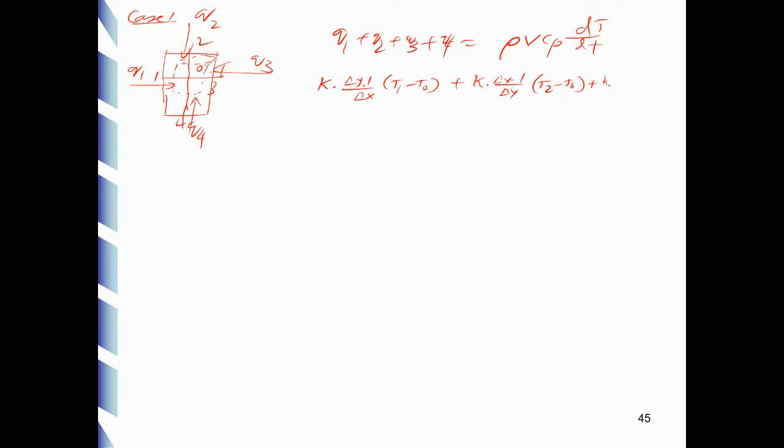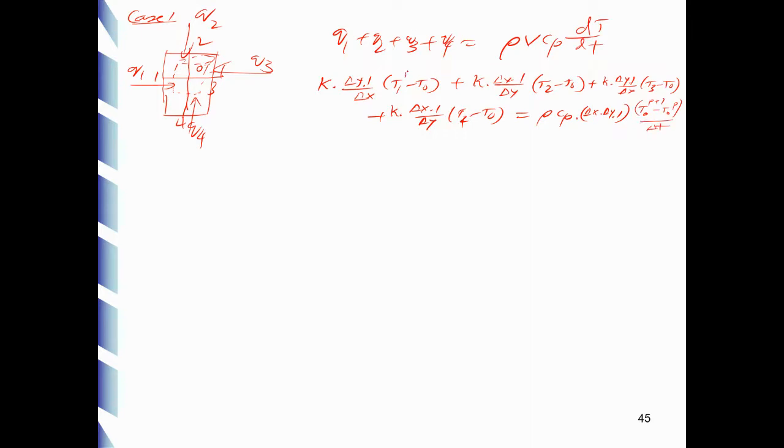Q3: k delta y times 1 by delta x, T3 minus T0, plus Q4: k delta x times 1 by delta y, T4 minus T0, equal to rho Cp volume, delta x delta y times 1, times T0 p plus 1 minus T0 p divided by delta t.